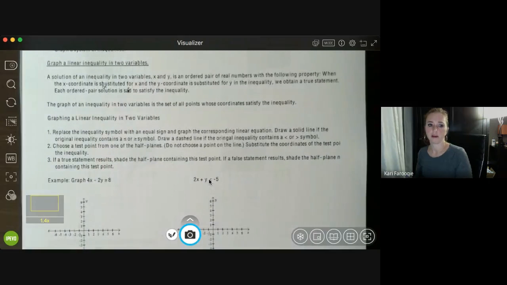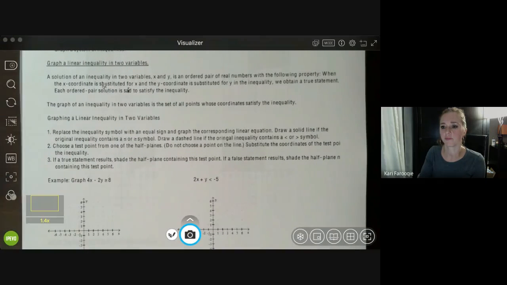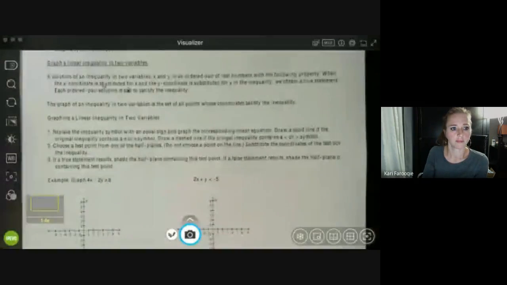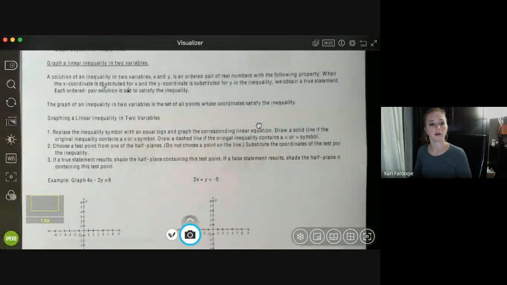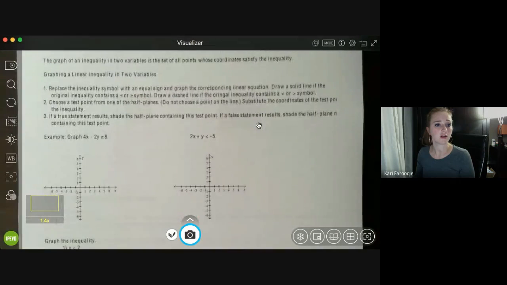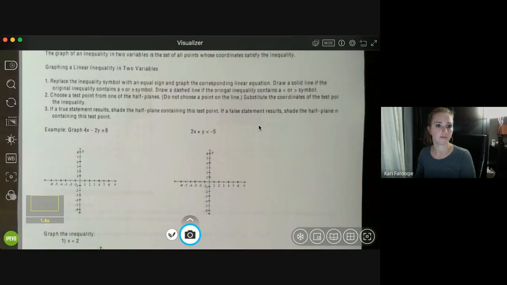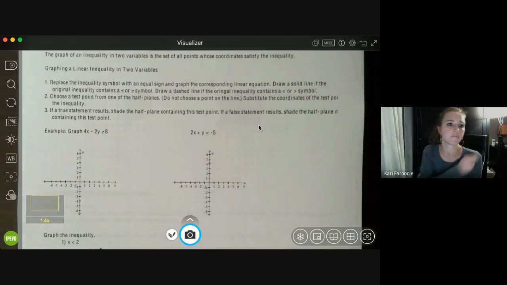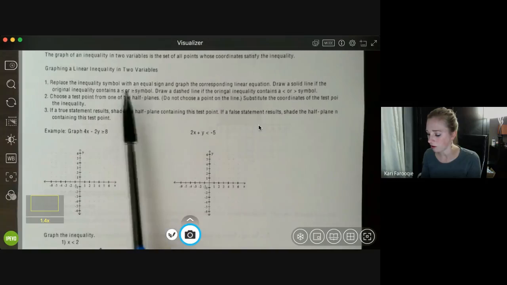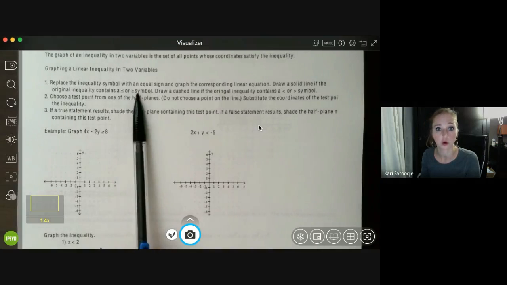Okay, back to this. All right, graphing a linear inequality in 2 variables. 1, replace the inequality symbol with an equal sign and graph the corresponding linear equation. Now we're going to graph a solid line if the original inequality was less than or equal to or greater than or equal to.